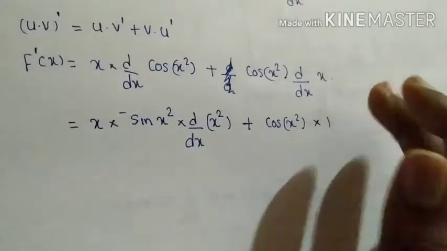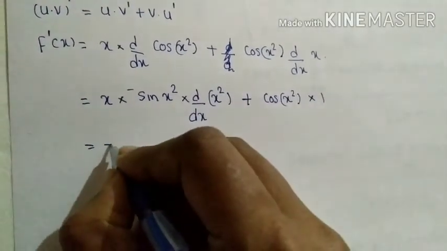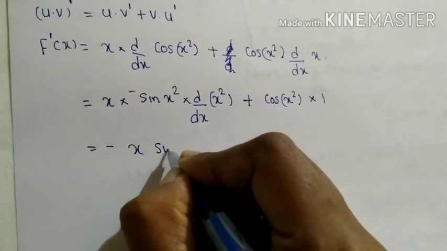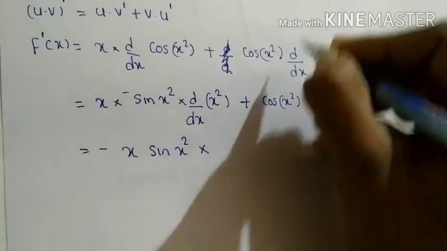and we know that the derivative of x is 1, right, which will be equal to minus x into sin x square. We know that the derivative of x square is 2x.